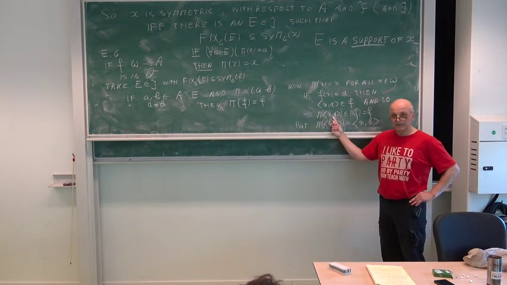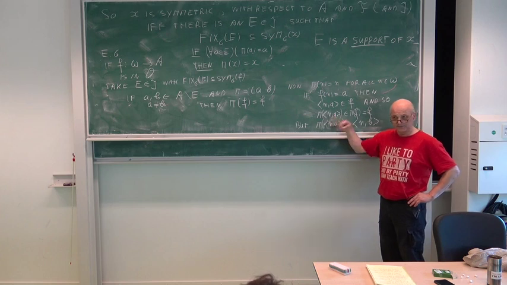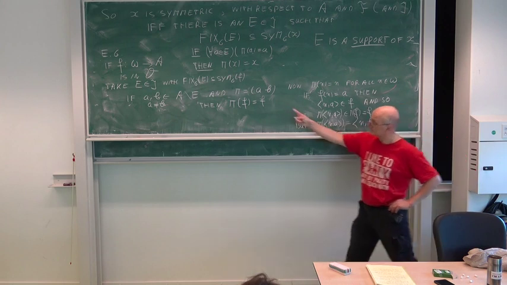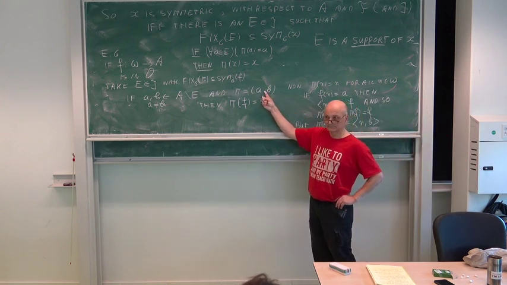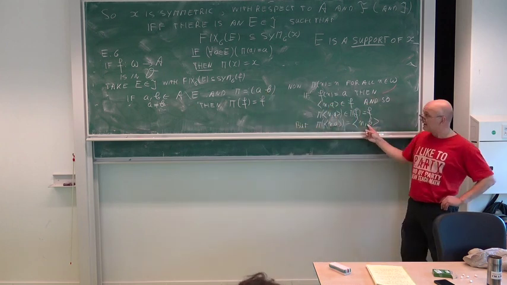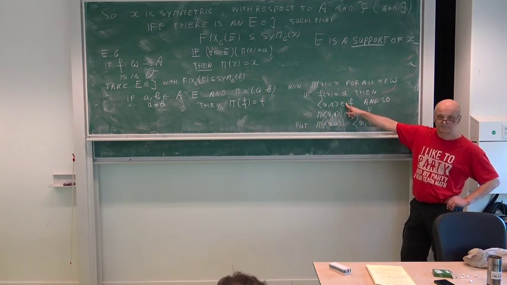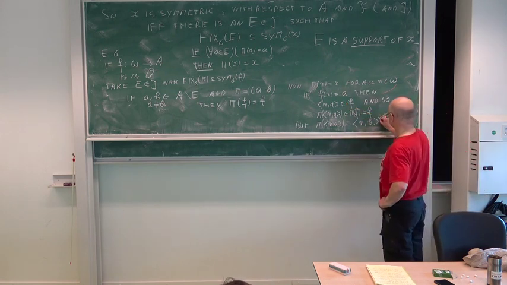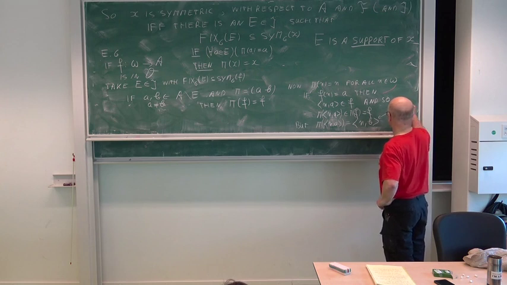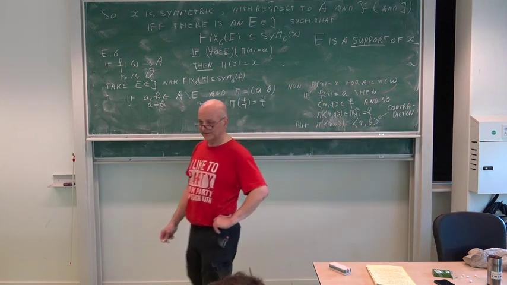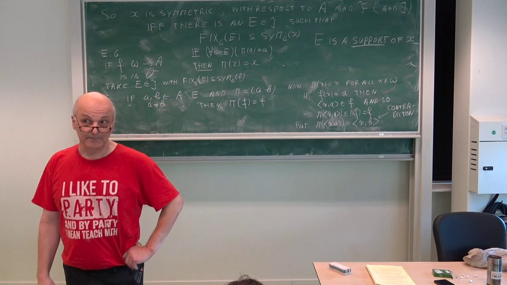But if I take the permutation of this, the image under pi of this, I get n comma b. I flipped A and B. Wait a minute. So n comma b is in F as well. We get a contradiction because our f was a function.